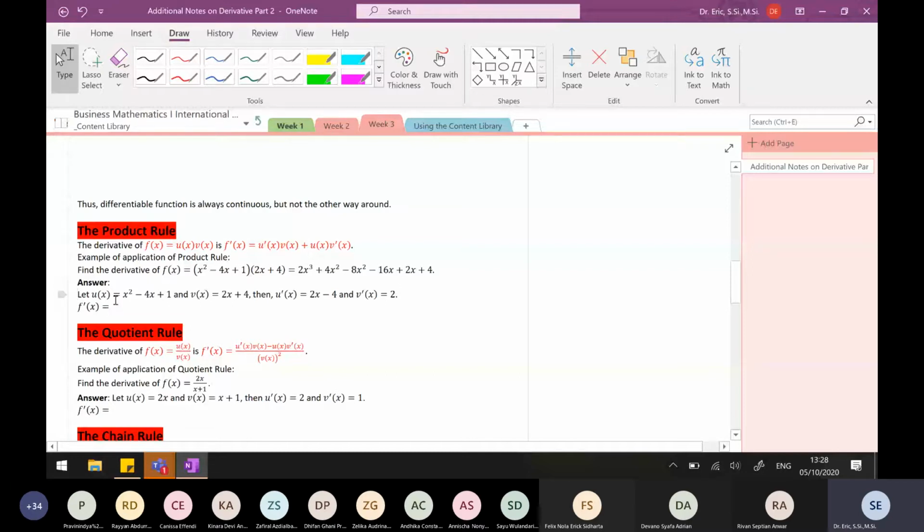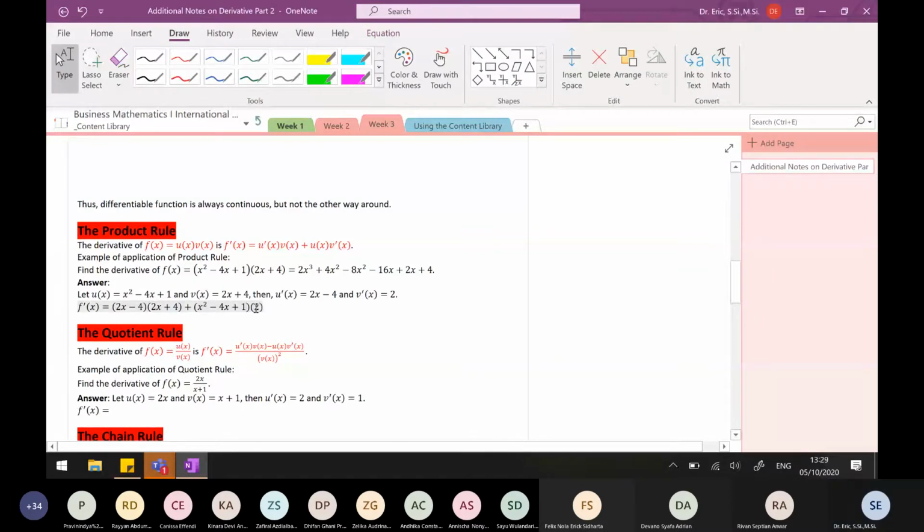So f prime of x is given by, you can just plug in u prime v plus u v prime. u prime is 2x minus 4, times v, plus u, which is this, times v prime, which is 2.